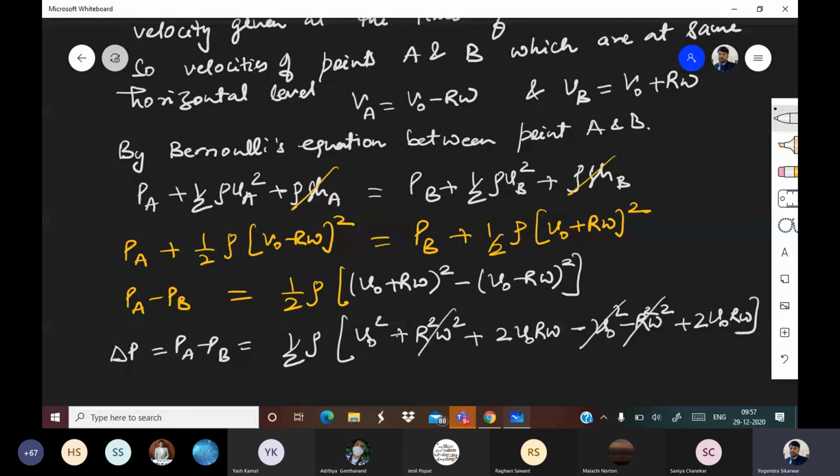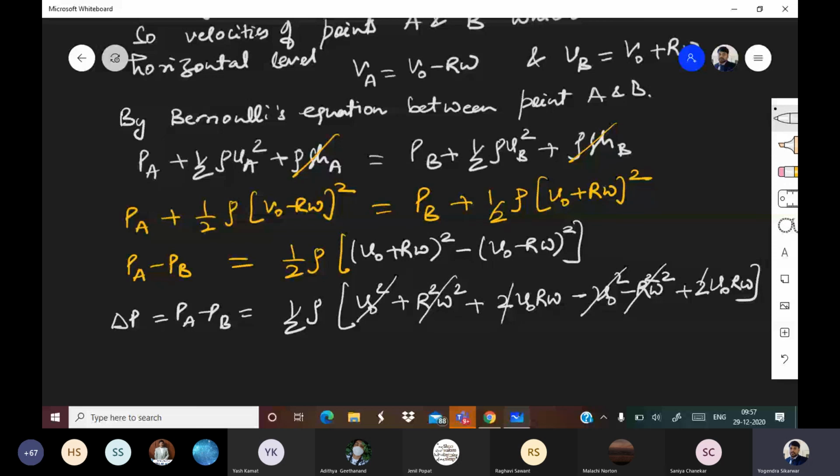This got cancelled. So delta P is equal to PA minus PB, and that will be rho into 2 into V naught R omega.